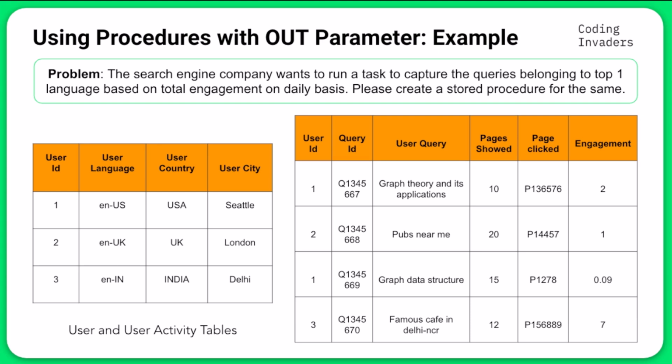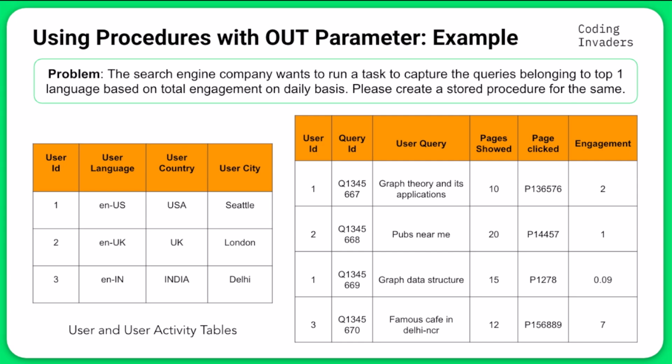So what they want is, first of all, the top 1 language based on the total engagement. Whosever total engagement comes on top, they want their user language, but they want the entire query belonging to that user language.